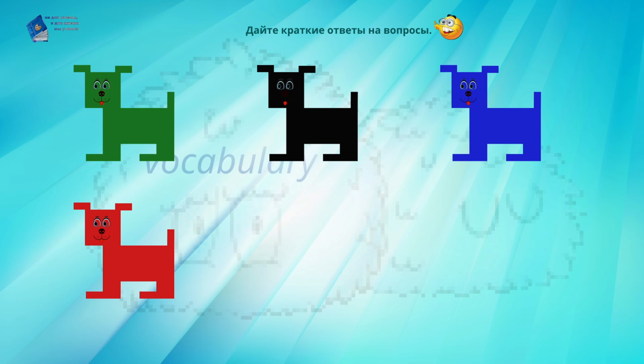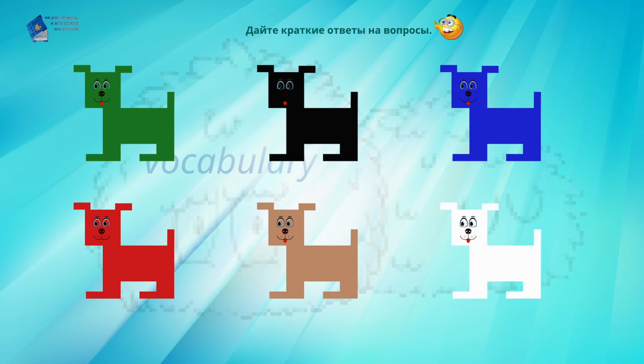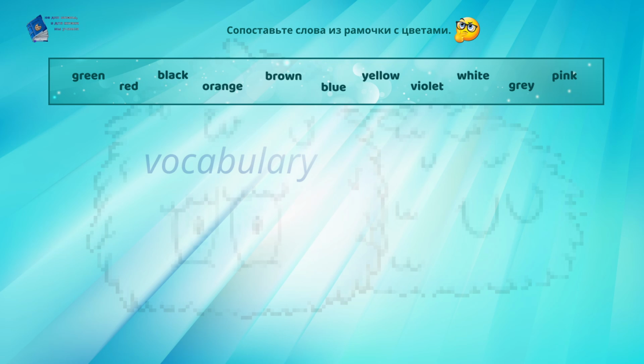Is it red? Yes, it is. Is it brown? Yes, it is. Is it grey? No, it isn't. Match the words in the box with the colors.